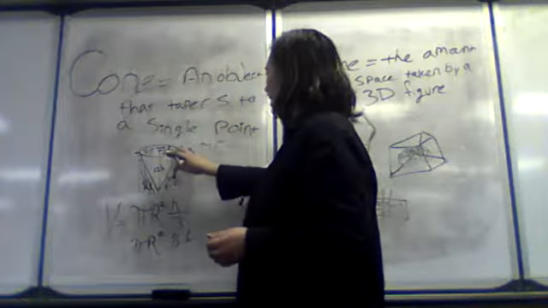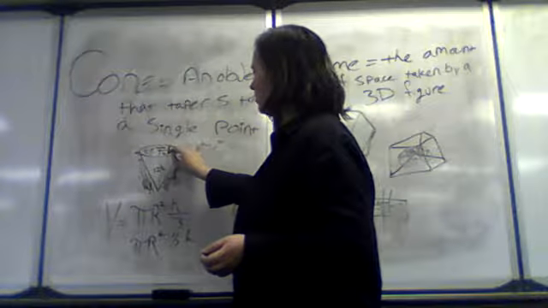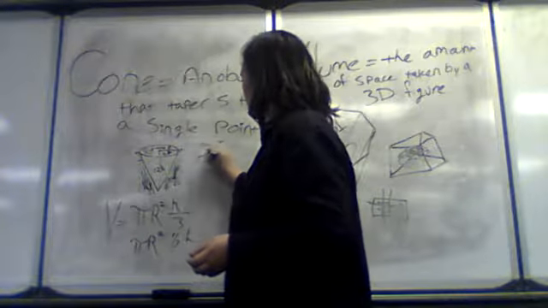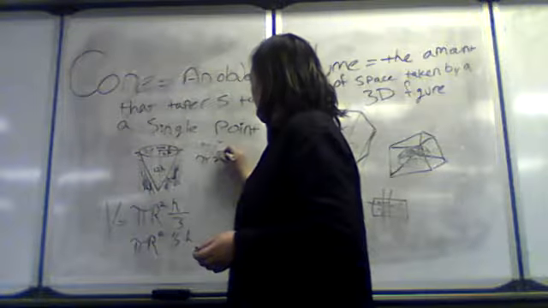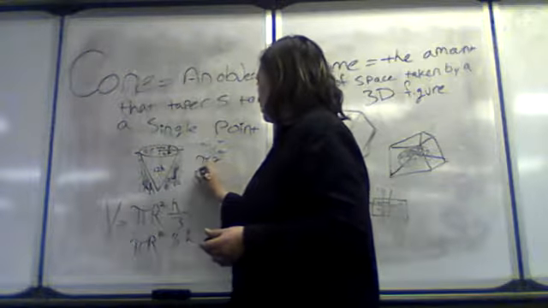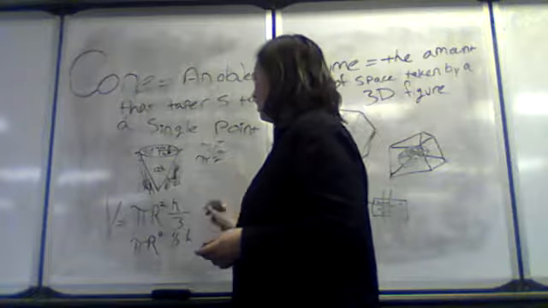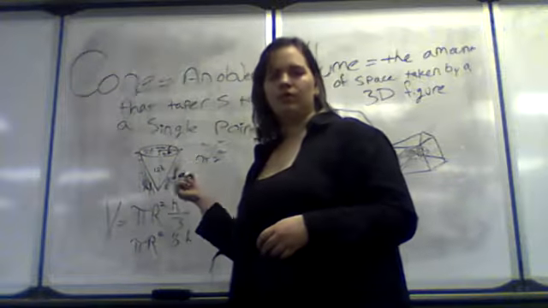So in this case, you're going to have pi r squared. We're saying we have a radius of 2, so that's going to be pi times 2 squared, and that comes out to be pi times 4. And then you've got 12 for your height.